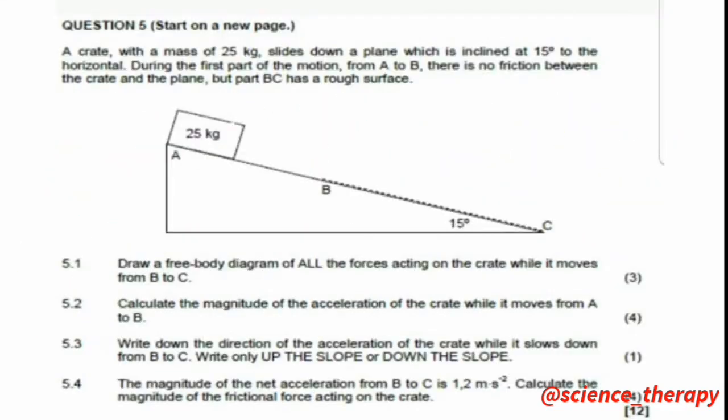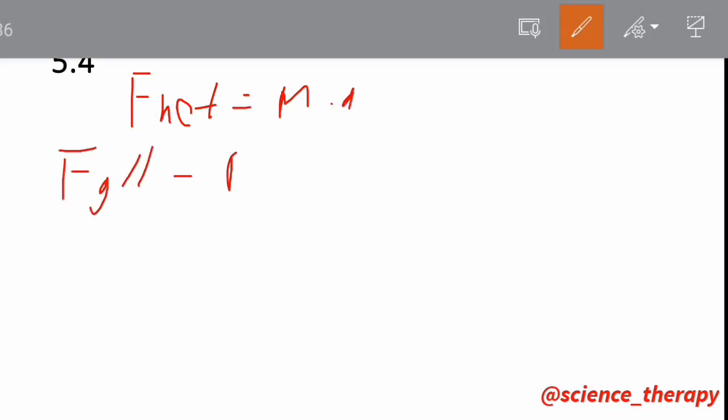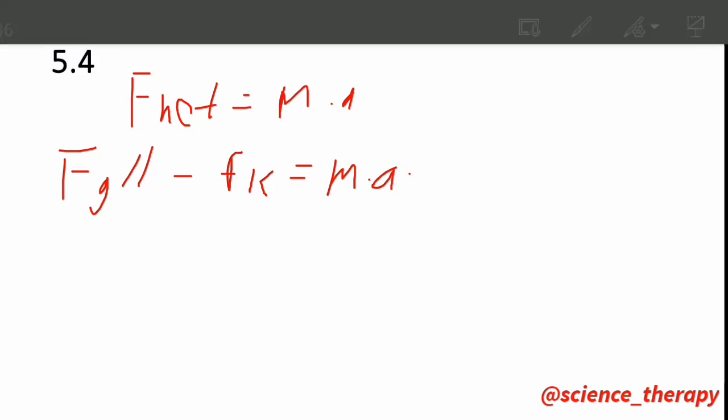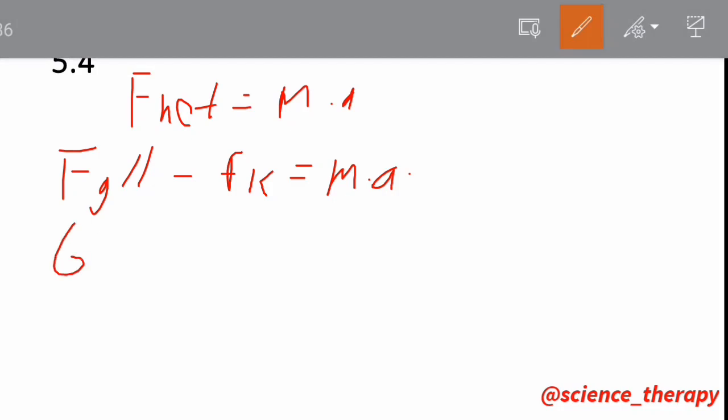So now let's calculate. We have F net is equals to MA. Now we have FG parallel minus FK is equals to mass times acceleration. Now we have already calculated this one from the previous question and got 63.41.